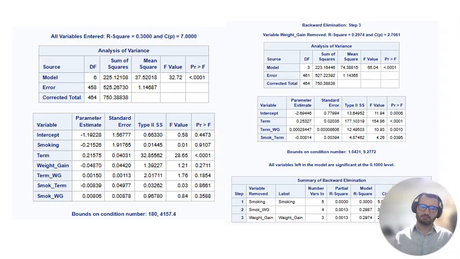Then it was the smoking times weight gain interaction, and then the maternal weight gain itself. So it didn't actually improve on the model, and it had an almost identical R-squared value of 0.294. And so it kind of doesn't add anything. And the predictors term times weight gain and smoking times term don't really have a practical value, and it'd be hard to actually take that data from a patient for screening purposes.